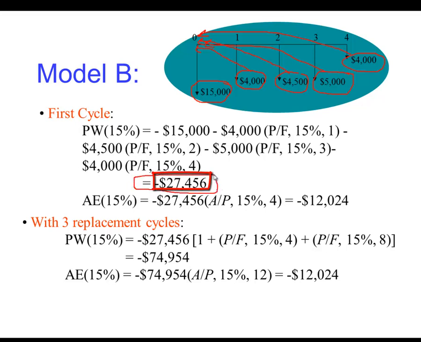27,456. Now we use this value as present value to find the annual equivalence with 15%, and that will equal minus $12,024. With 3 replacement cycles for that model, we will find that the value also will be $12,024.